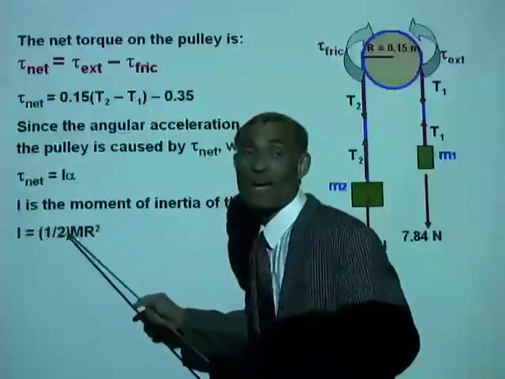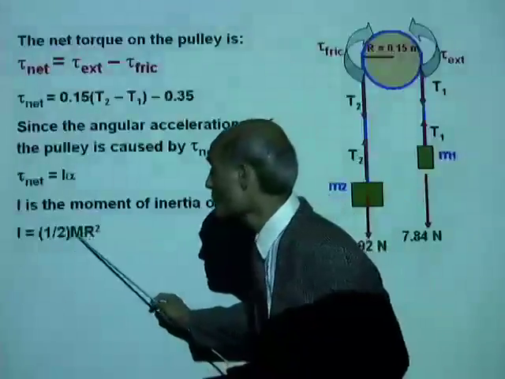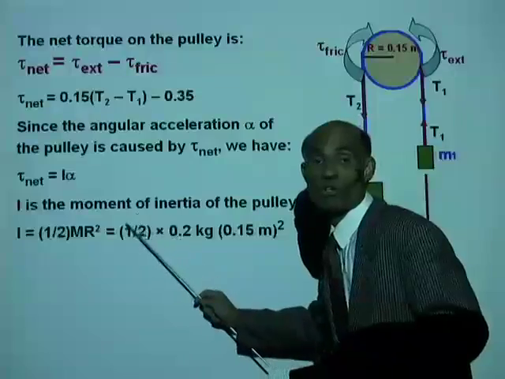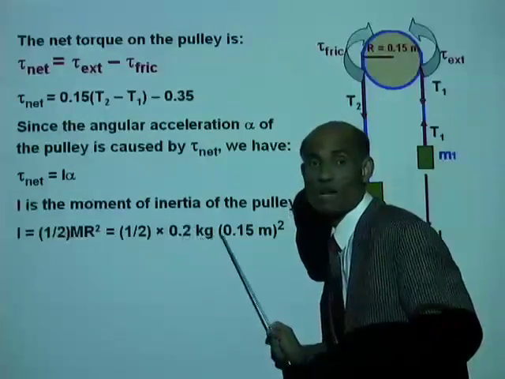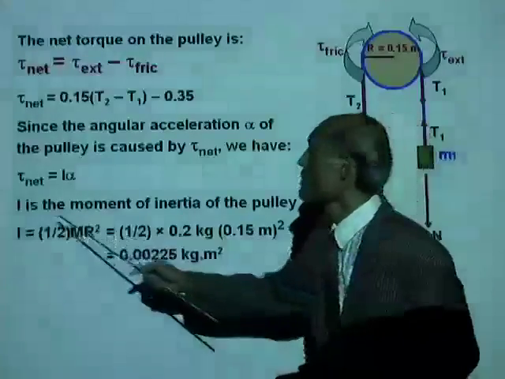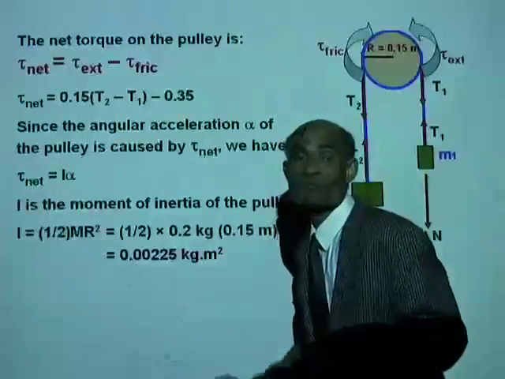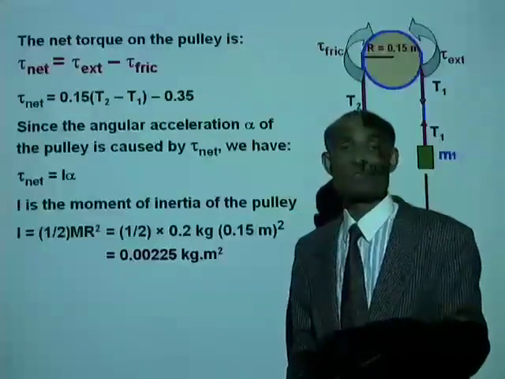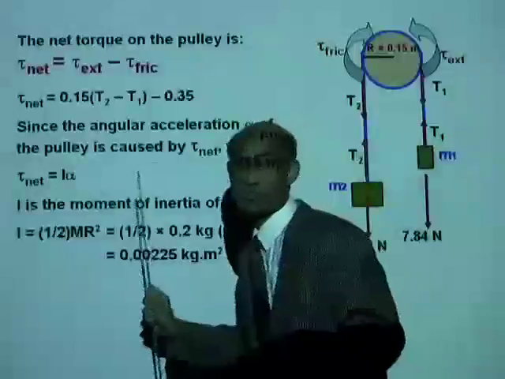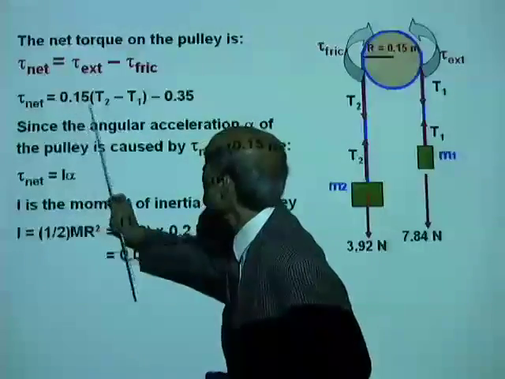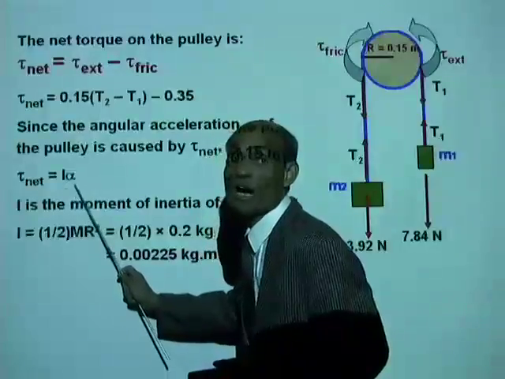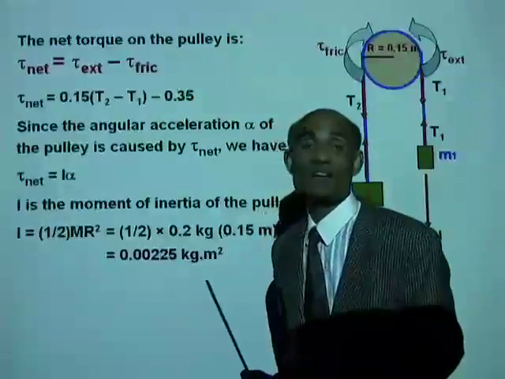We know the mass, we know the radius: the mass is 0.2 kilogram, the radius is 0.15 meter, so the moment of inertia of the disc is 0.00225 kilogram meter squared.